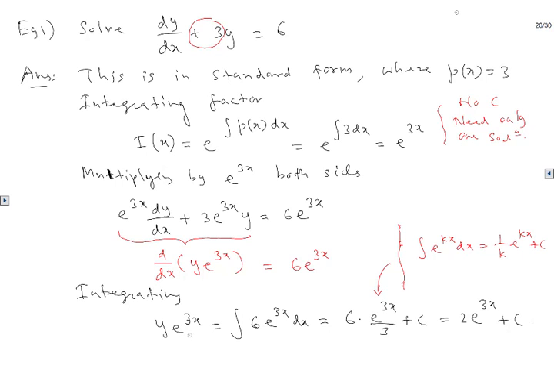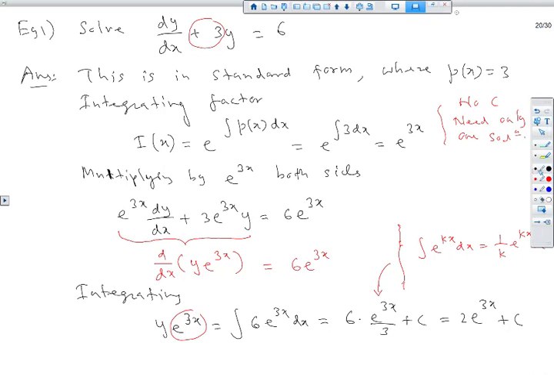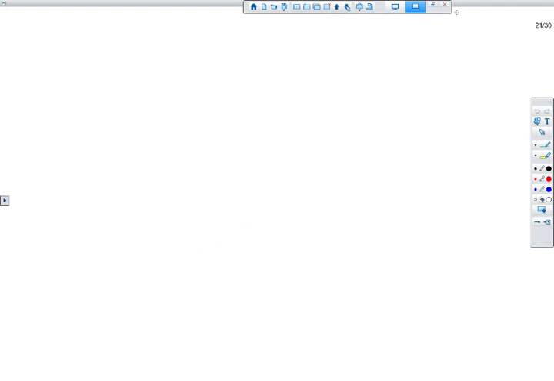Now we can divide the whole equation by e to the 3x, both sides, then you're going to get y. So let's do that. Dividing by e to the 3x, we have y equals 2e^(3x) plus c divided by e to the 3x, and sometimes you can simplify.